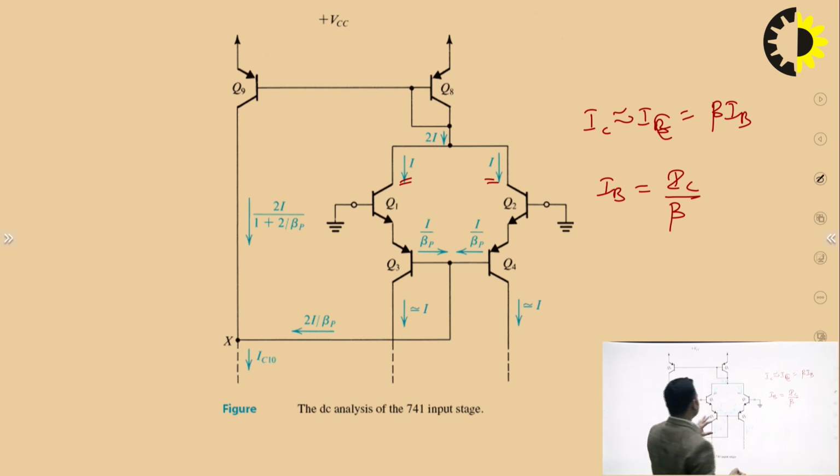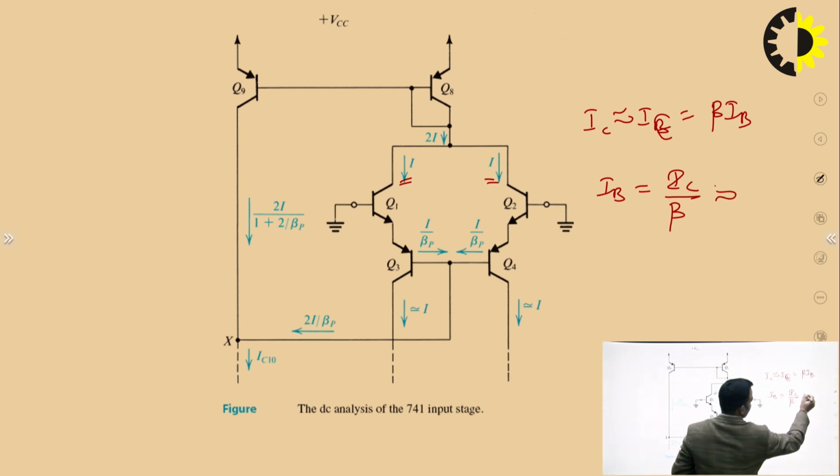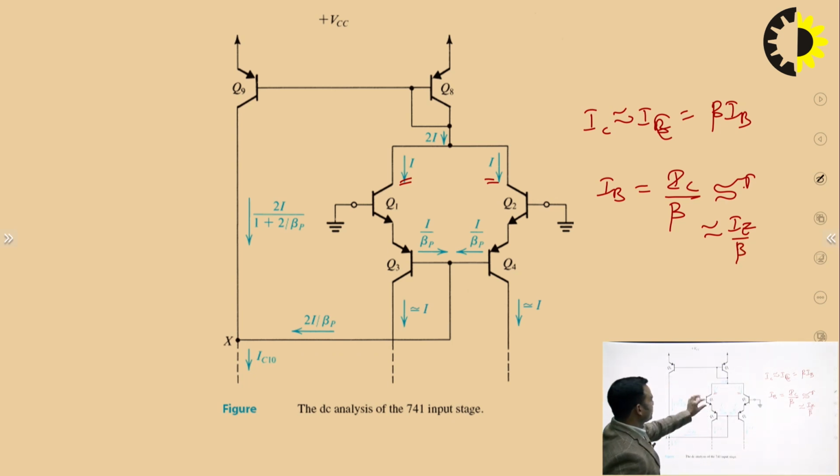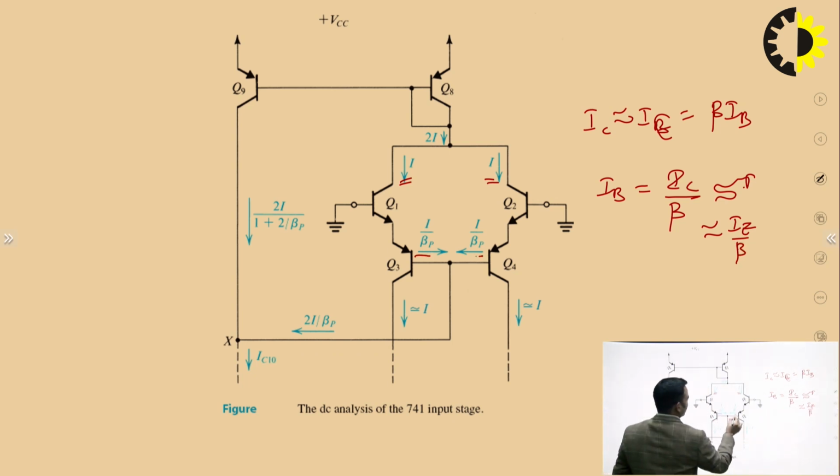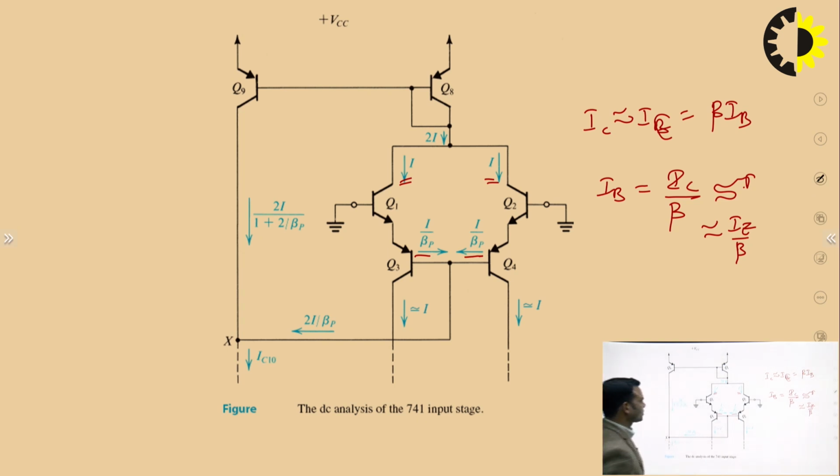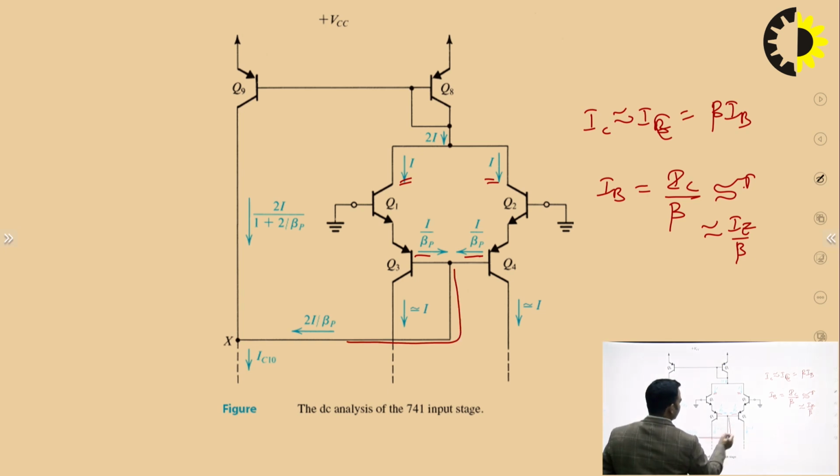So by this you can easily write, and here you already know IC is equal to IE, so it is nearly equal to IE upon beta. So this current will be IE upon beta, and this current will be IE upon beta. If you add these two currents, it will be 2I upon beta.